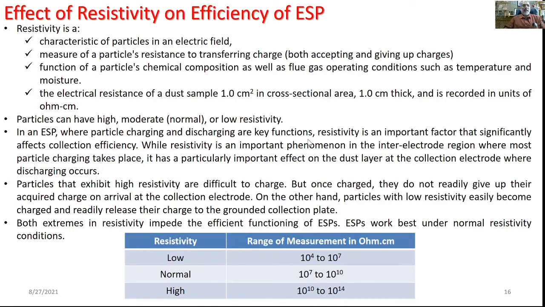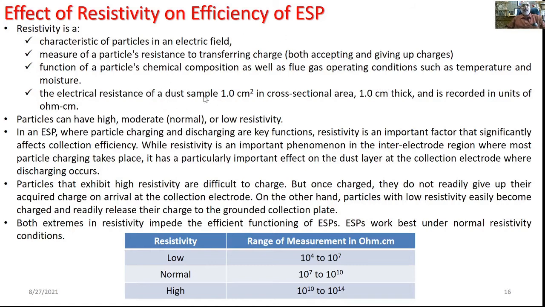So resistivity is a characteristic of a particle in an electrical field. It is a measure of the particle's resistance to transferring charge, both accepting as well as giving up. It is a function of the particle chemical composition as well as flue gas operating conditions such as temperature and moisture.